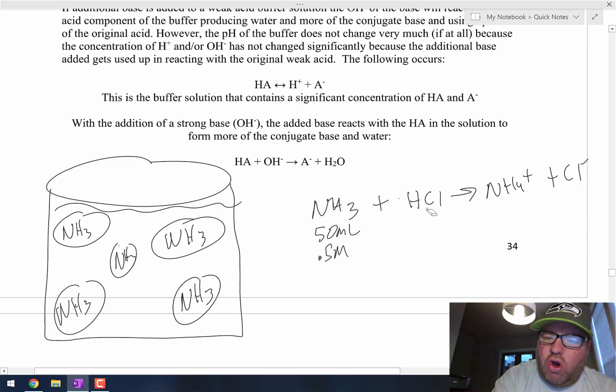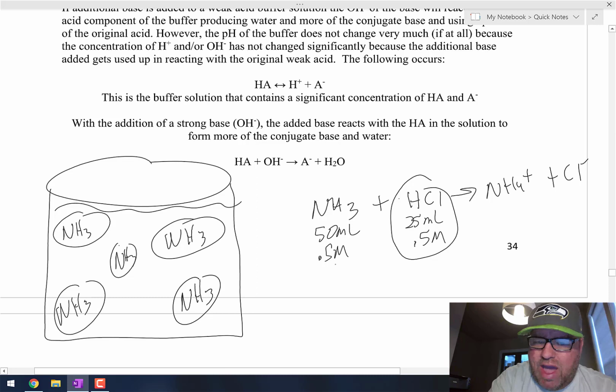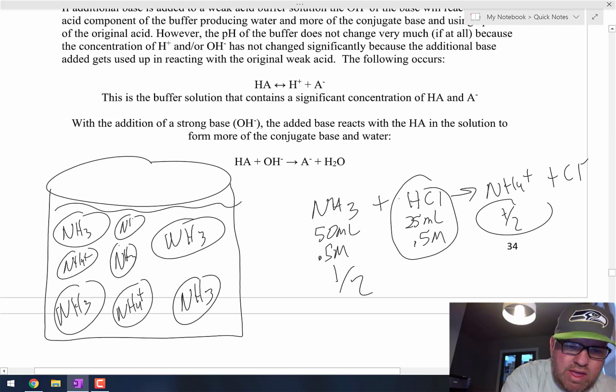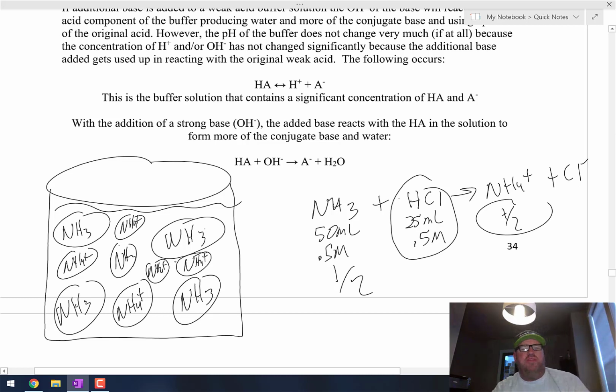Or you could go 25 milliliters of the 0.5, because all of that is going to react, which means half of this is going to be gone, and you're going to get about half as much NH4+. So now we're going to have equal concentrations of NH3 and NH4+. There's our buffer solution right there.